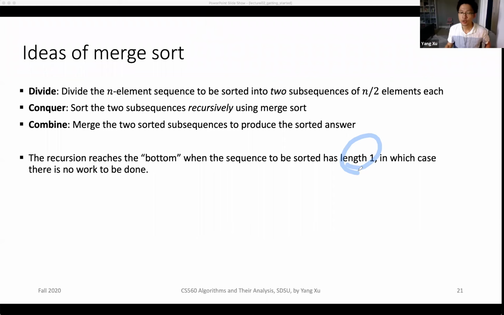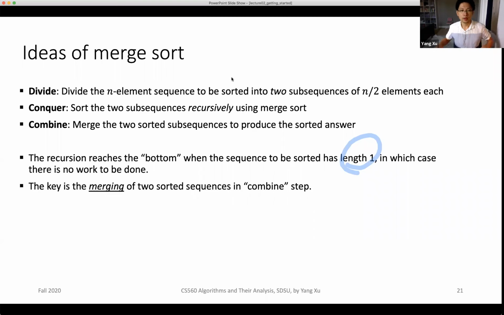If the sequence contains more than one element, say two elements, then we need to do a simple comparison. That means we need to do something, we need to think about it. But for the smallest case, the one-element input, we don't need to do anything. We just return it. So the smallest subproblem is of size 1, and in this case there's no work to be done.